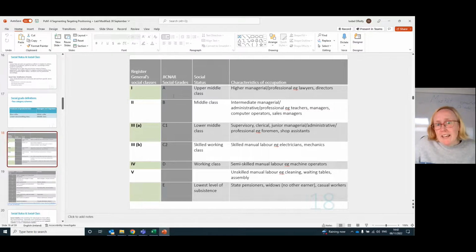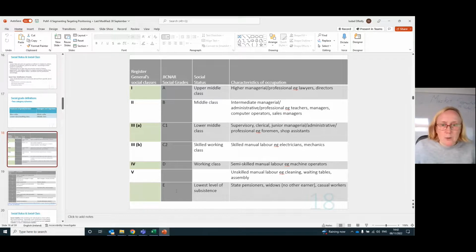But in the JICNAR, the final class distinction is slightly different, and it's recognizing the lowest level of subsistence. To subsist means to just get by in terms of the money that you're living on, with the rent going out and food and bills, you're just about getting by with the money that you're earning. So that is subsistence level.